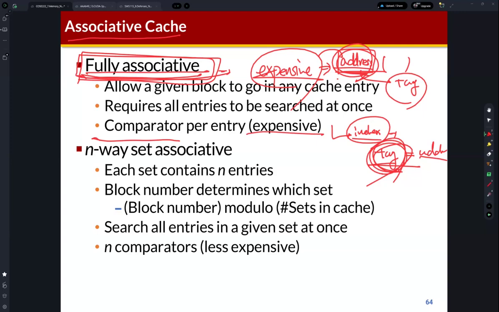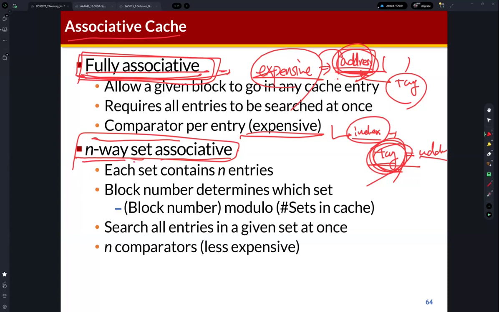So the cost is high, even though we can improve the performance of a cache. So as an alternative approach, we can organize the cache as an n-way set associative cache.